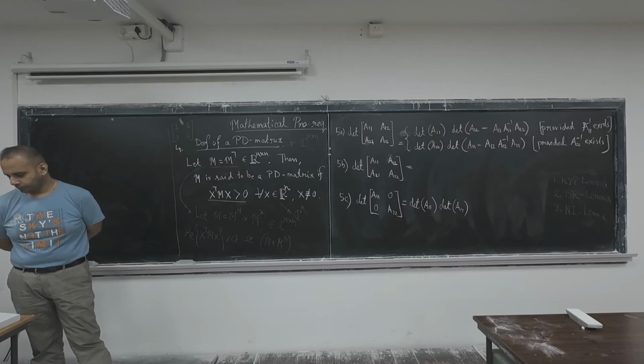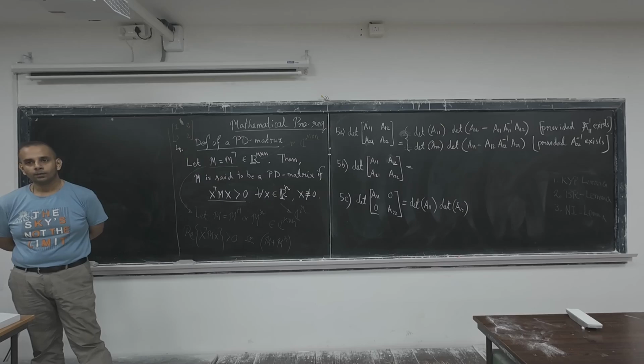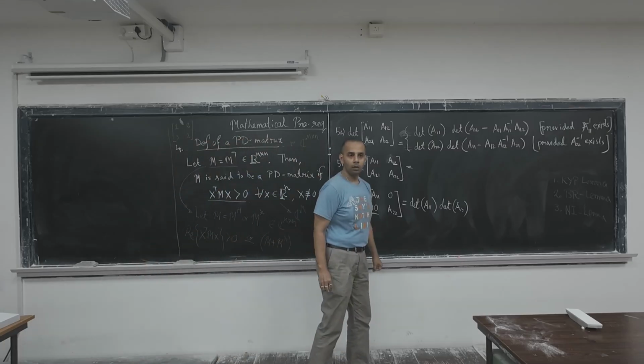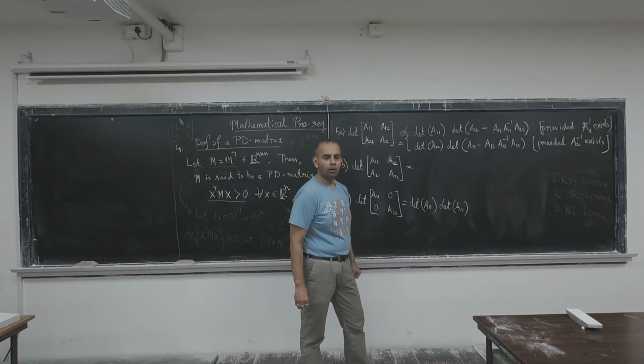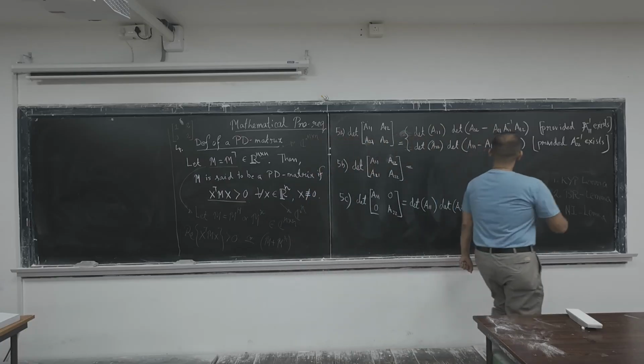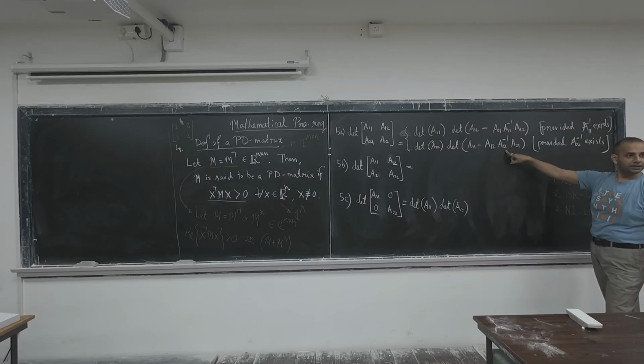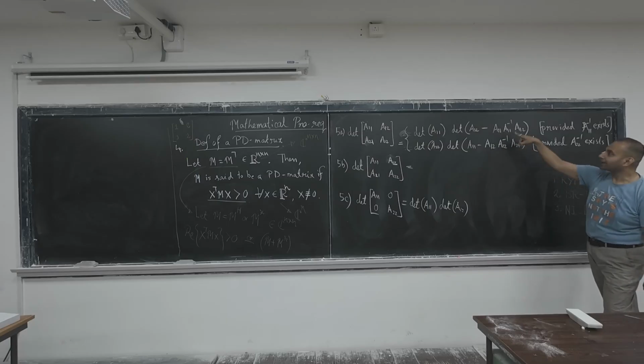But here we are using... non-invertible means determinant 0. So the determinant might be non-zero even if it is not invertible? No, the determinant is connected to invertibility. But the problem is, if A11 and A22 are not invertible, you cannot write this expression.